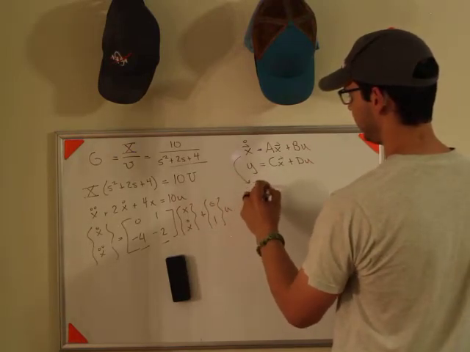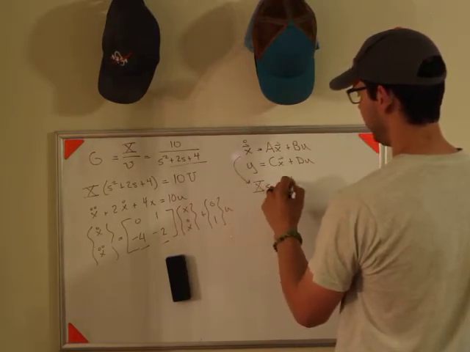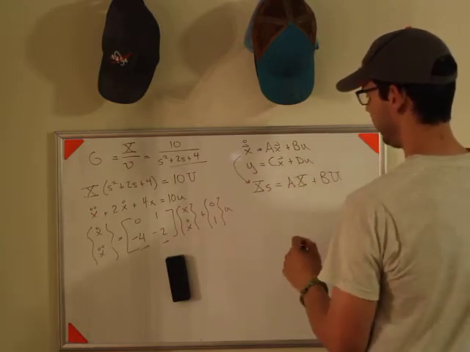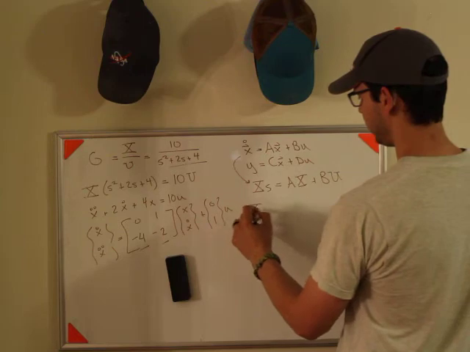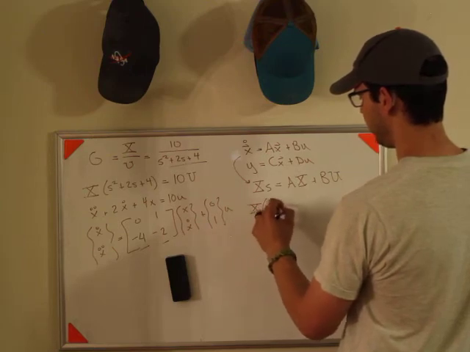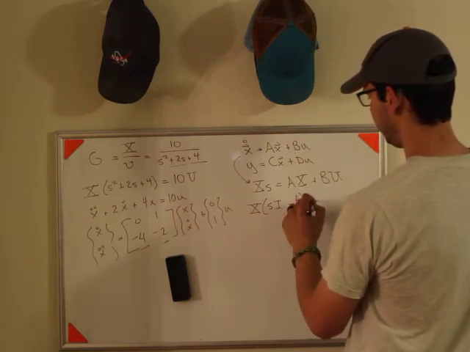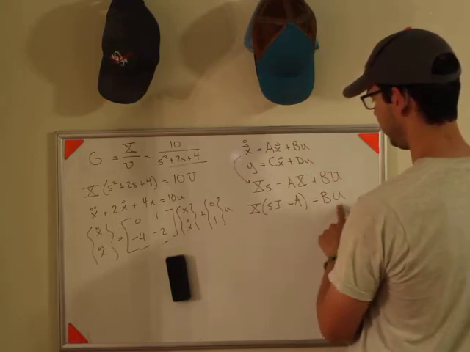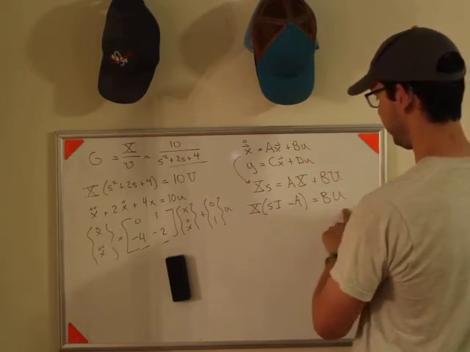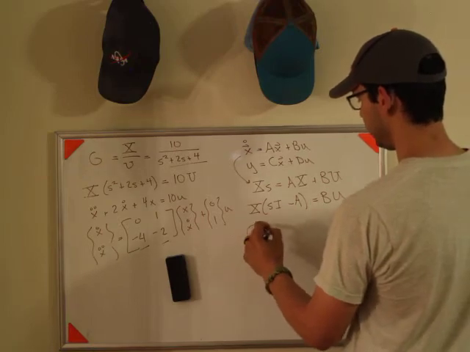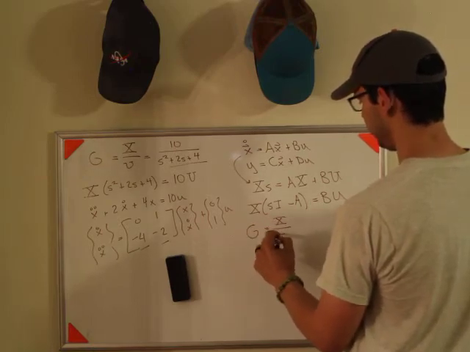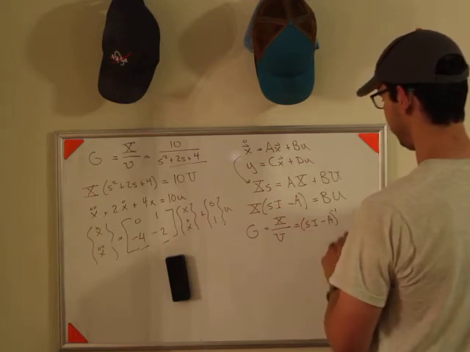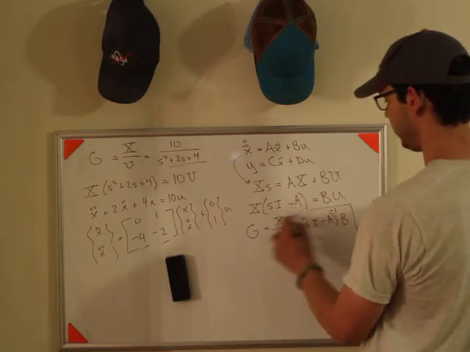I'm going to get s big X equals A big X plus B big U. And then I'm going to get big X times (sI minus A) equals BU. And so then if I want to divide by U and multiply this on the right, I'm going to get G is big X over big U, that's (sI minus A) inverse times B.